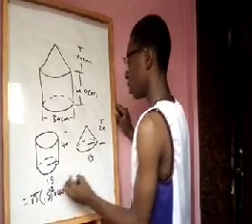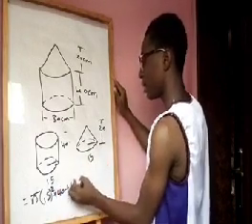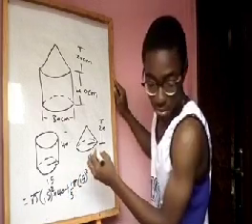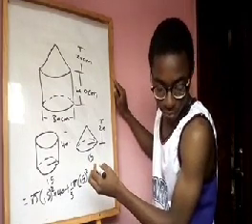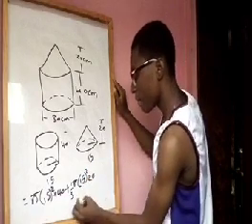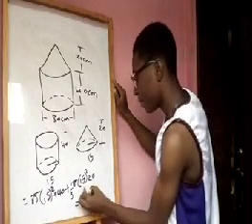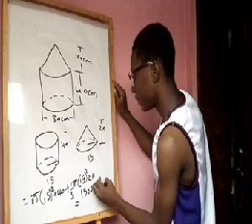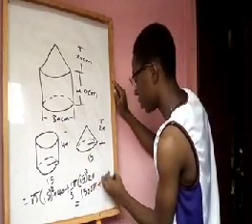Then plus the volume of the cone, which is 1 over 3 pi r squared h. That's 1 over 3 pi times 15 squared times the height, which is 20. So when you evaluate everything, you are going to get the volume of the cone as 1500 pi, and the volume of the cylinder will be 9000 pi.